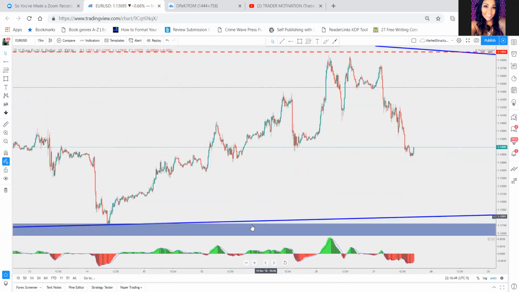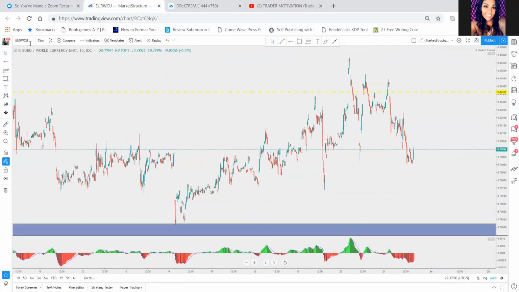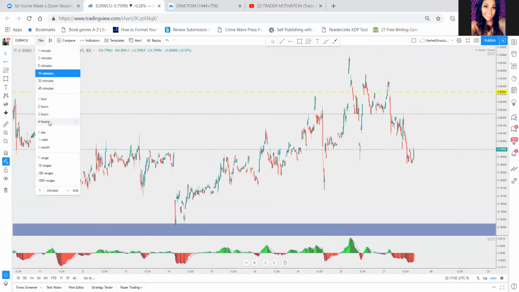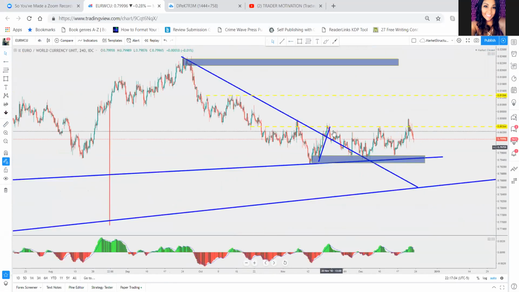And the dollar has been consolidating a lot too. The dollar's been going up and it's finally starting to weaken. And because the dollar was going up, if you look at EUR by itself on a 4-hour, see how euro by itself has been in this channel.